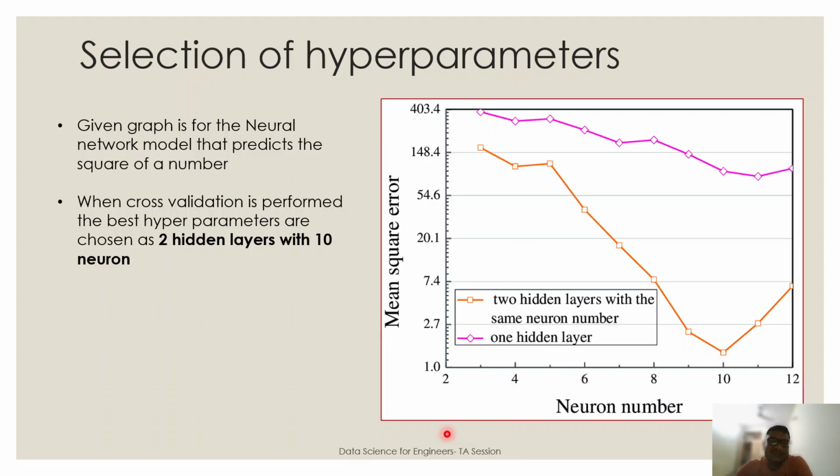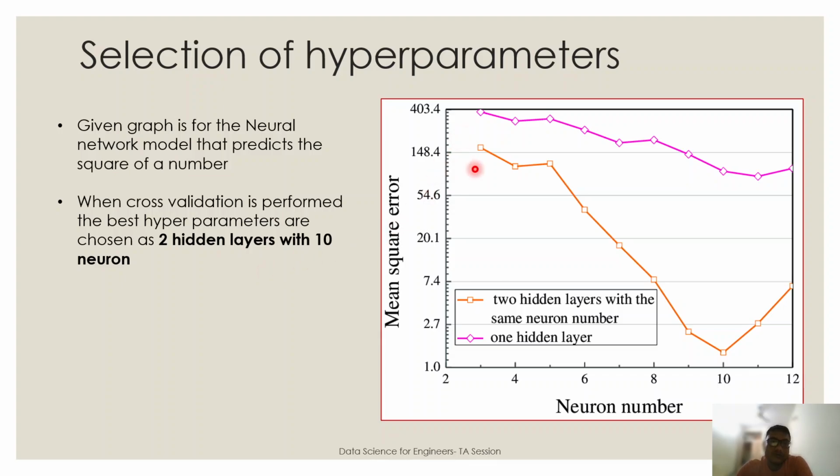On the x-axis, the neurons are given, and the orange and pink colors show how many hidden layers there should be. Pink represents one hidden layer, and orange represents two hidden layers, with different numbers of neurons: 2, 4, 6, 8, 10, 12. When cross-validation is performed, the best hyperparameters are chosen as two hidden layers with 10 neurons.